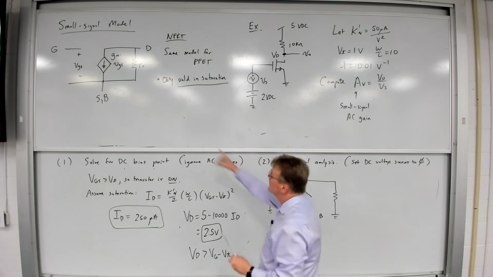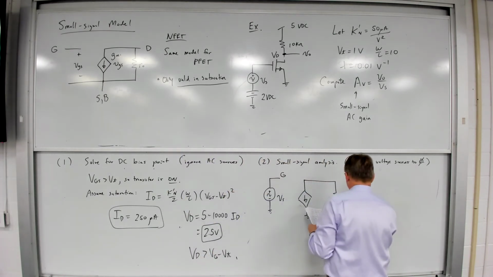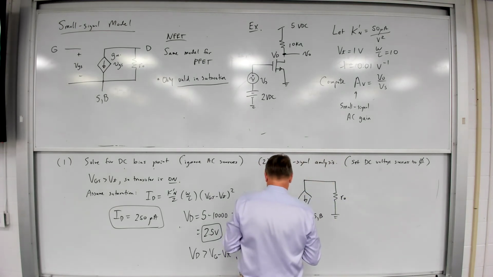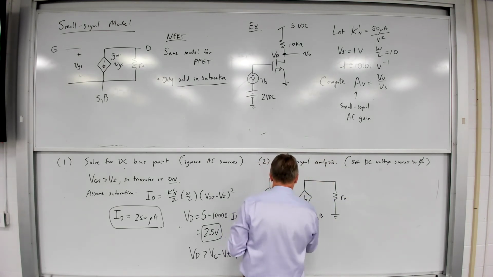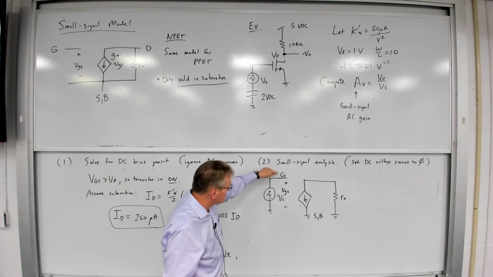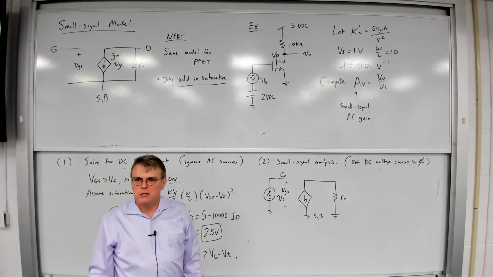R sub O is also grounded on the other end since the source is grounded. So here's my R sub O. So VGS, the small signal voltage, is what appears between the gate and the source, which is just ground. So VGS will appear.